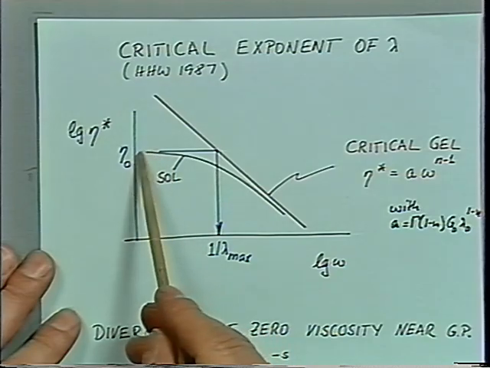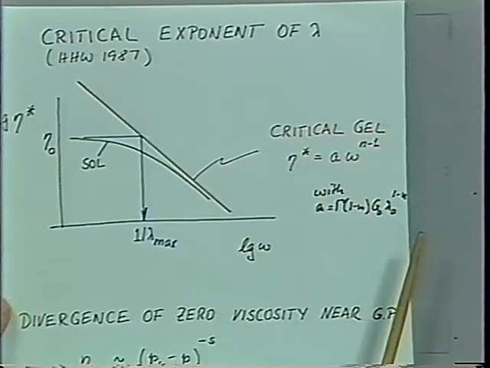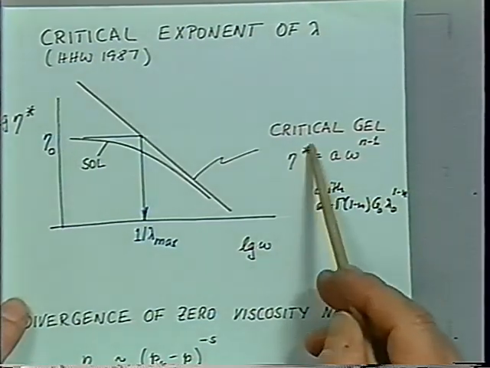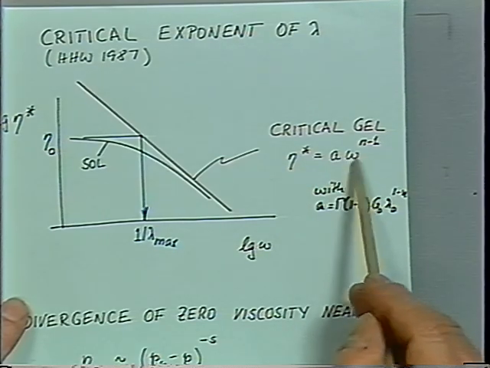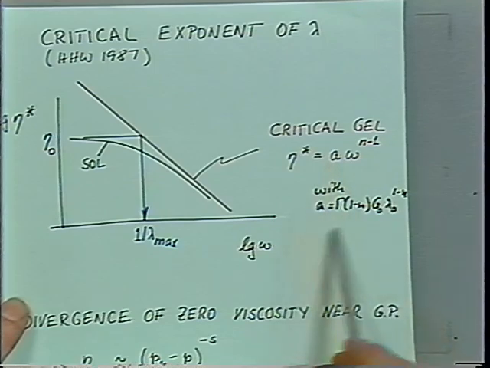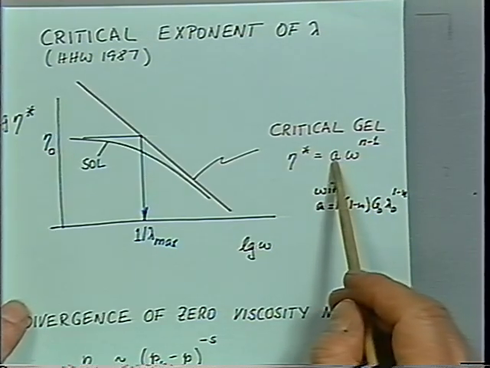We can intersect the gel, the curve for the gel. This is the curve for the critical gel. Here I listed that. The dynamic viscosity is given by a constant times omega to the n minus 1. This constant we defined before, so let's just take it as a constant here.